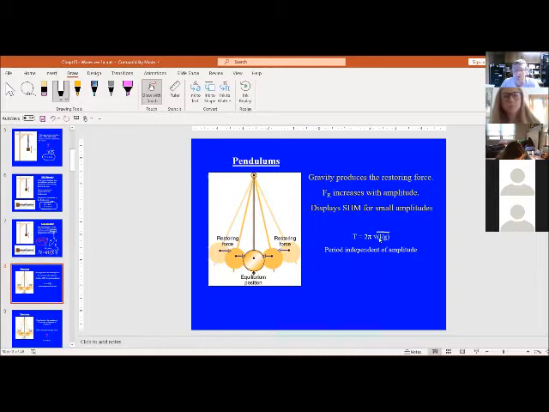What do you think L stands for in this equation? A little bit of imagination. Would it be length? Length, yeah, length. And what do you think g stands for? Gravity. Gravity? There you go.